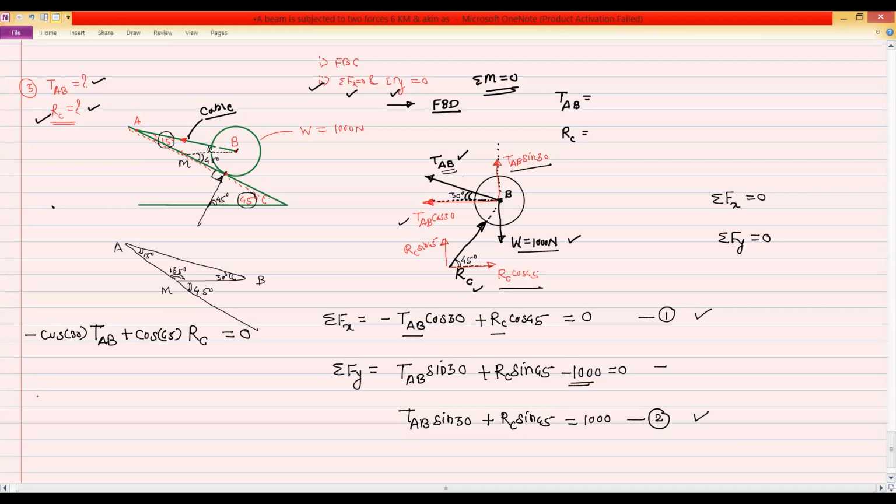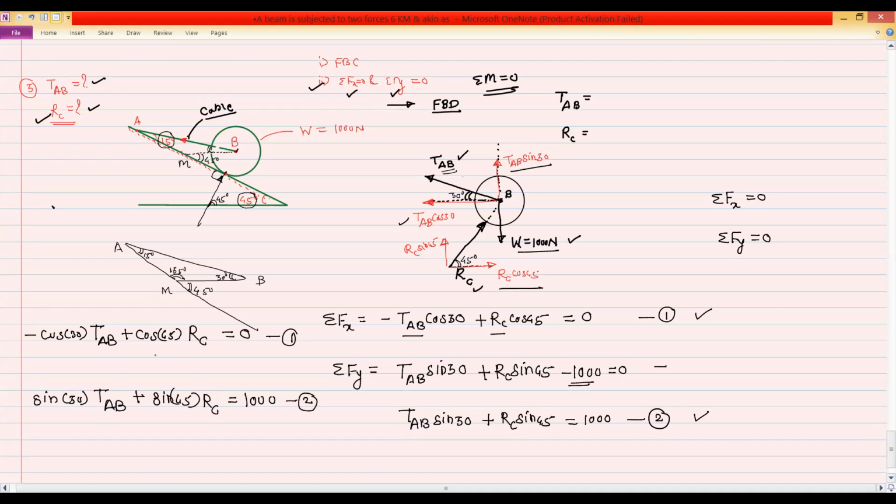Second equation: sin 30 tension AB plus sin 45 reaction RC is equal to the constant, 1000. So this is your equation 1 and this is equation 2.